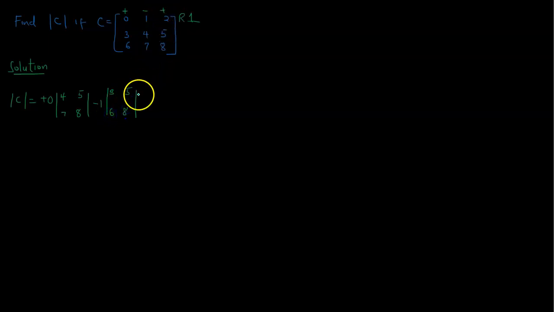Then the next one is positive 2. Positive 2 is in the first row, third column. So we are going to close first row, third column, and be left with 3, 4, 6, 7. So this is going to give plus 0, that's 0. Then the determinant here is going to be 4 times 8 minus 5 times 7.